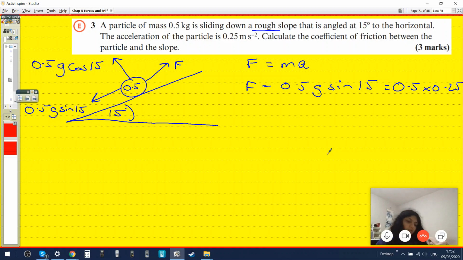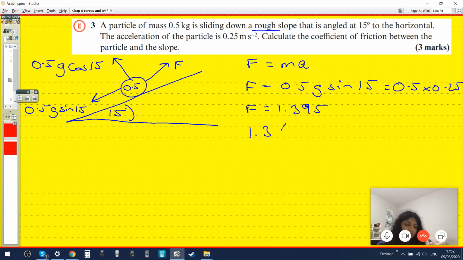I still got 0.294. I didn't get 0.24. What did you get for F? 1.395. And so F equals mu R?